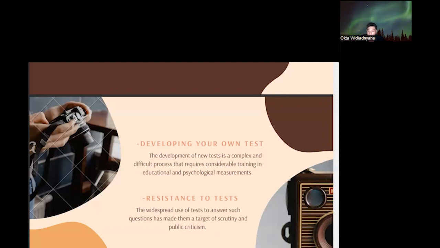Even if you intend to use the test for a research project, the negative attitudes of some groups and individuals toward testing in general can create problems for you.